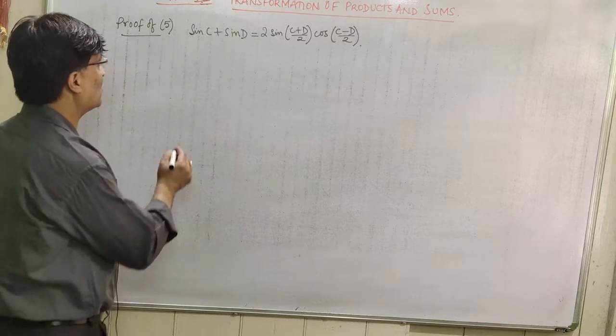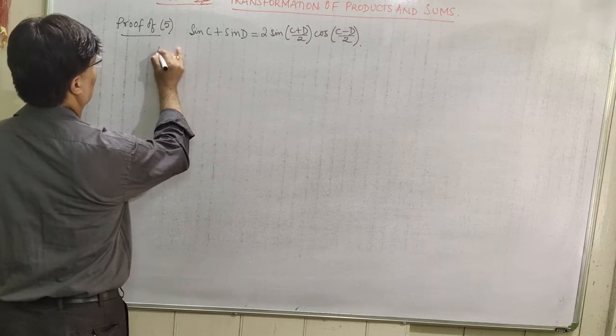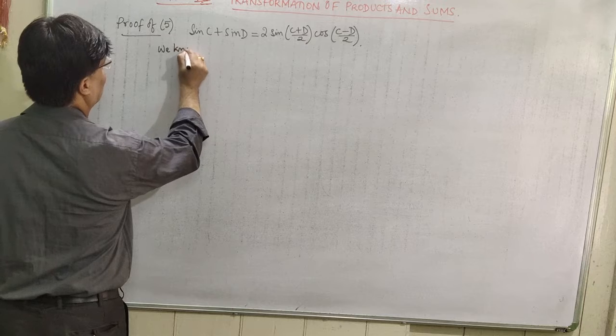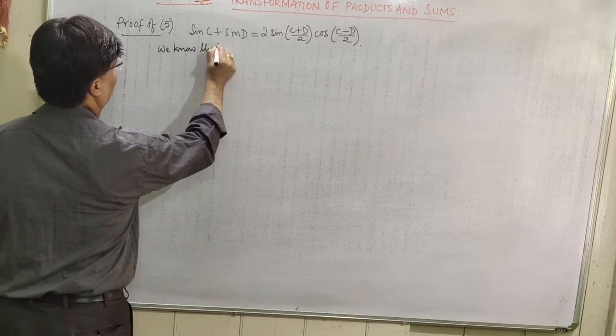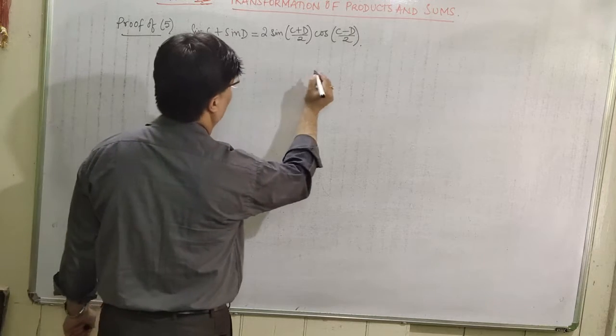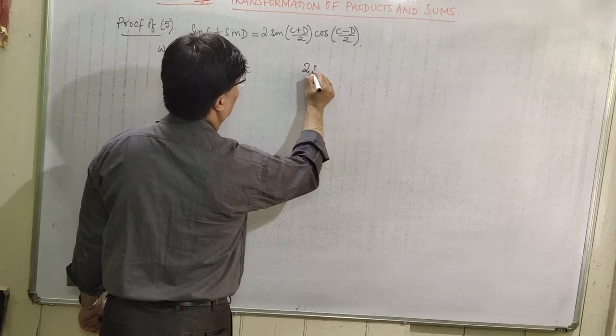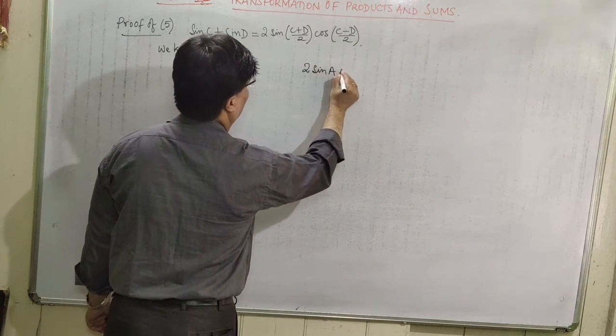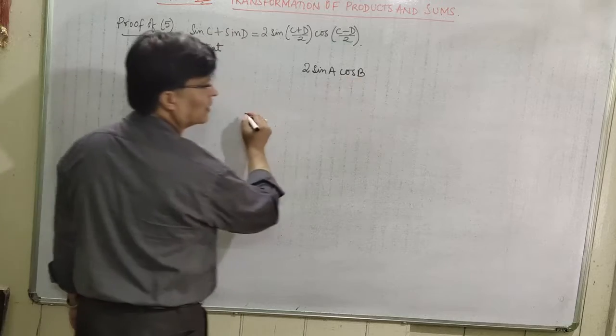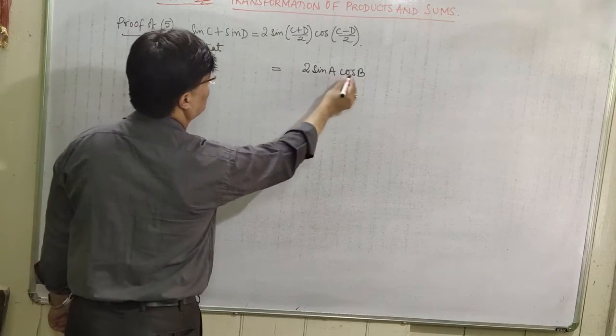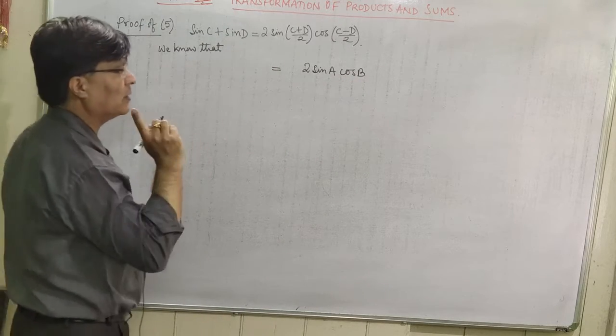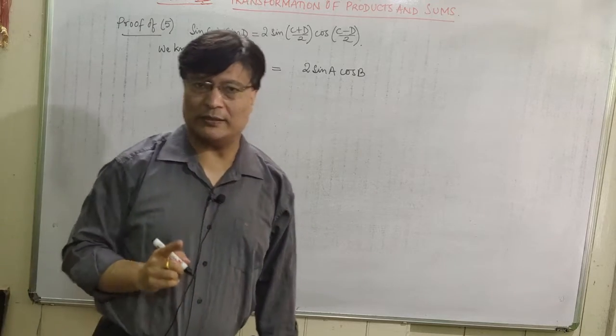So what was formula number 1? So you should write here, we know that formula number 1 was, what was formula number 1? 2 sin A cos B is equal to, what was the formula for this 2 sin A cos B? This is from formula number 1.